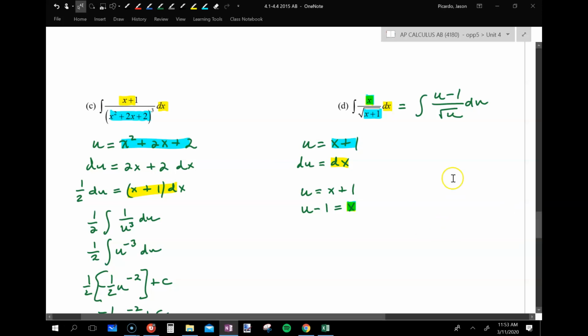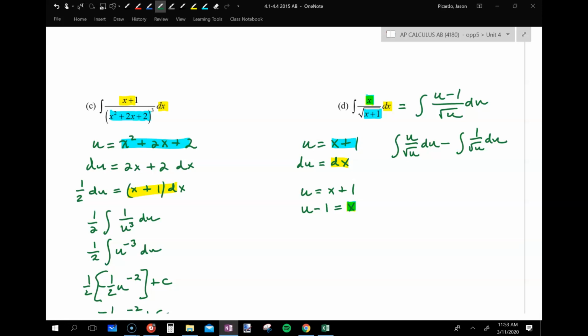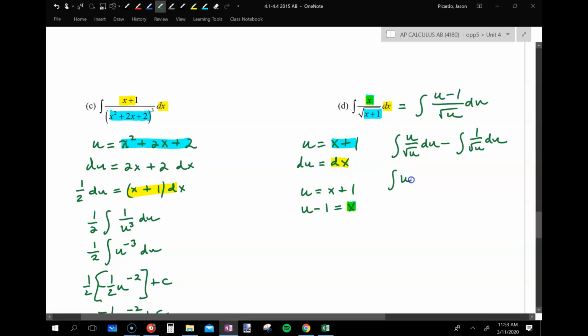But how many things are on the bottom of this? 1. So can I write 2 fractions? So isn't this the same as that? Which I would rewrite to make it look pretty as that.